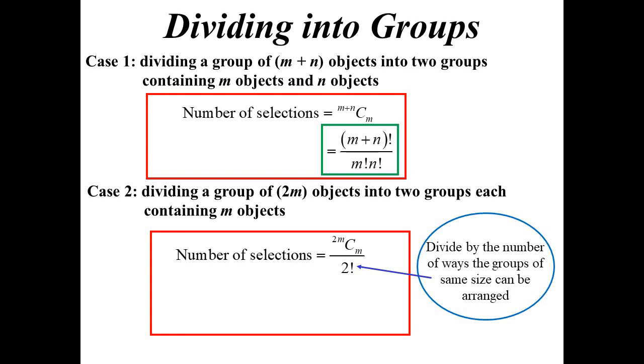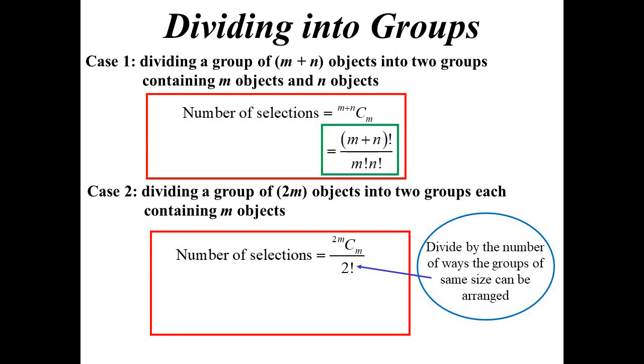And here's why. I need even groups. 1, 2, 3, 4. Now you've got 5. Good. 2 tables here. We've got 5 on this table, 5 on this table. So let's imagine I've got 10 people and I want to divide them into 2 groups of 5. So I choose my first group and I end up with this group over here. Here's my first group. And this automatically becomes the other group. So that's one way I could have done it.